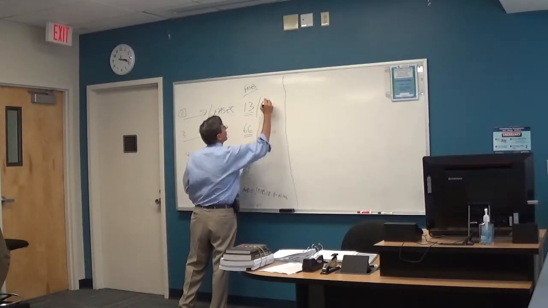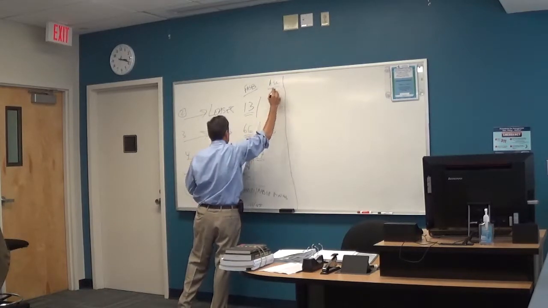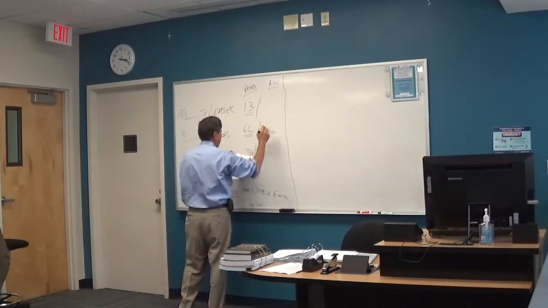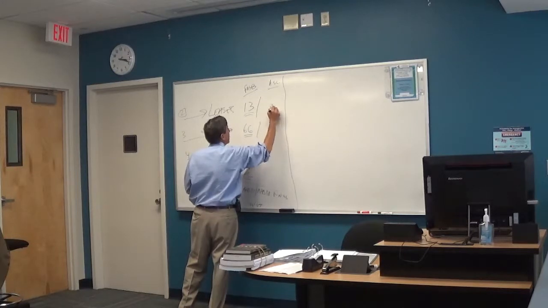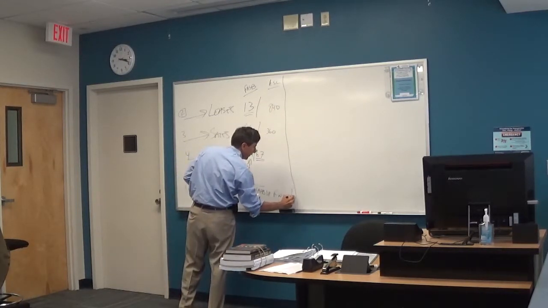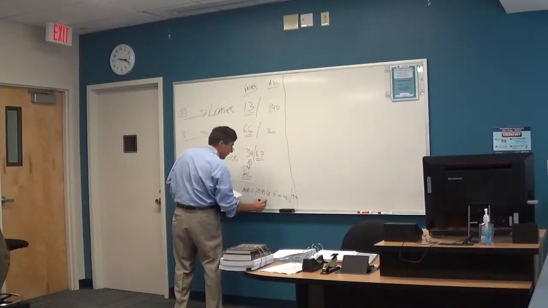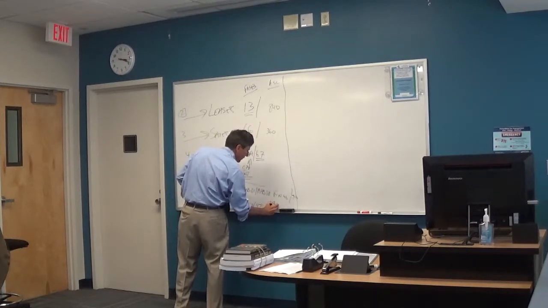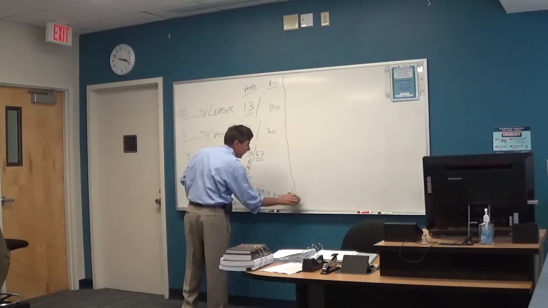360. So this is the ASC. 840. 910. 820. I'll repeat the numbers. I should do them in a different color.